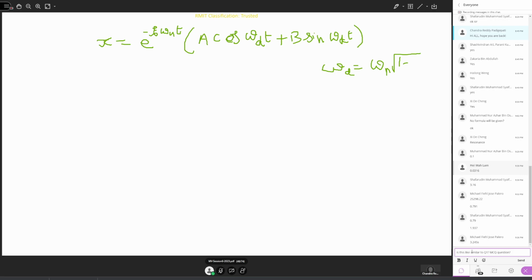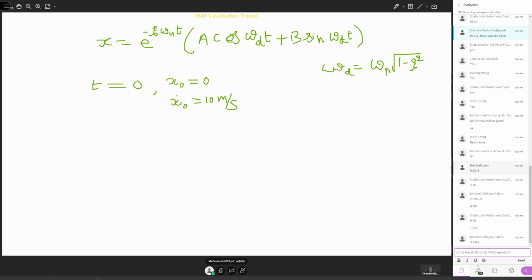It doesn't matter. But the initial conditions are given. What are the initial conditions? When time is equal to 0, the displacement x naught is given as 0, and the velocity is given as 10 meters per second. These are the two initial conditions given in the description of the problem.